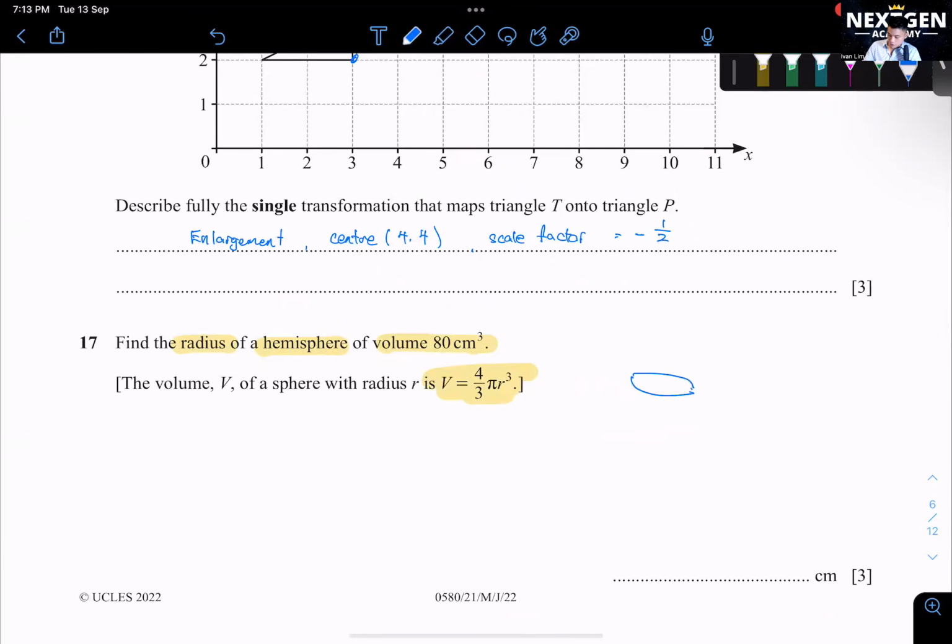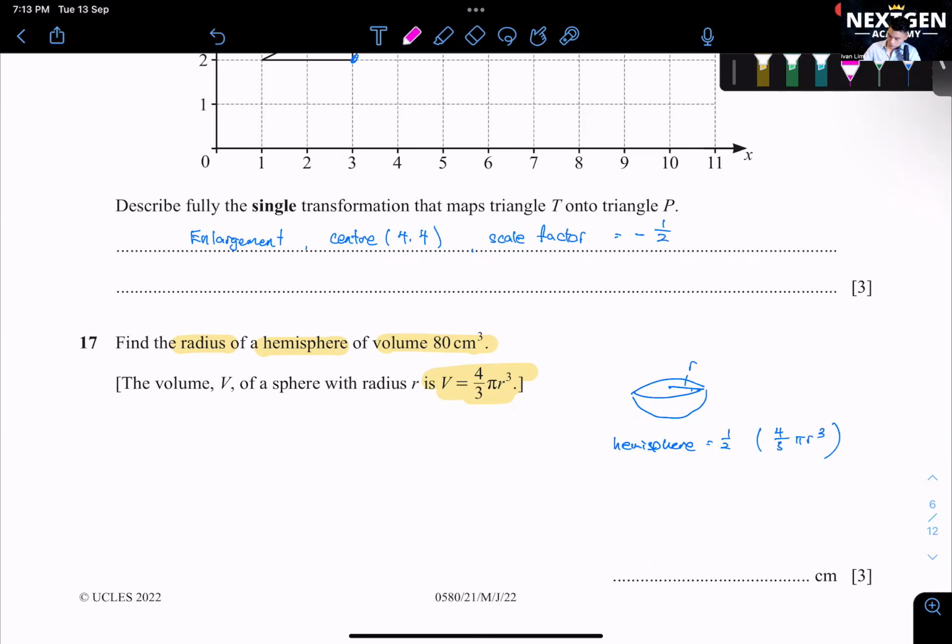A hemisphere is half a sphere. They want to find the r here. So the formula for a hemisphere will be half of 4 over 3 pi r cube.